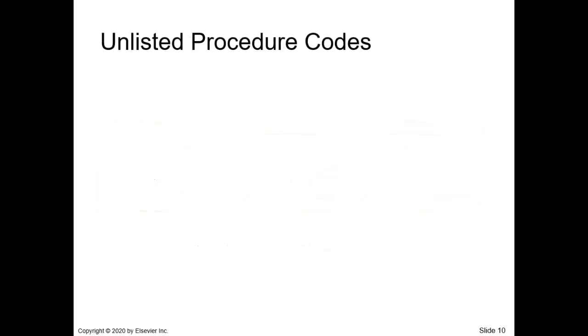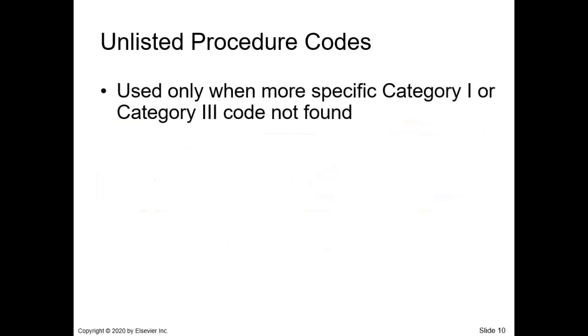So let's talk about unlisted procedure codes. So we're only going to use unlisted procedure codes when more specific category 1 or category 3 codes are not found. Okay, now I want to stop here and tell you, category 3 codes are found in the back of your CPT manual.